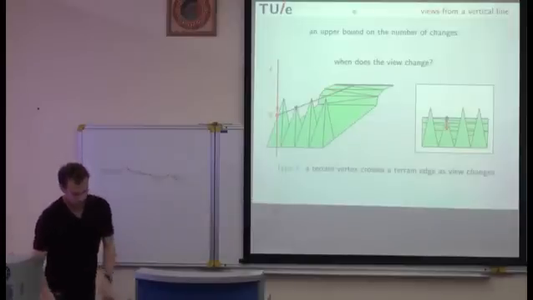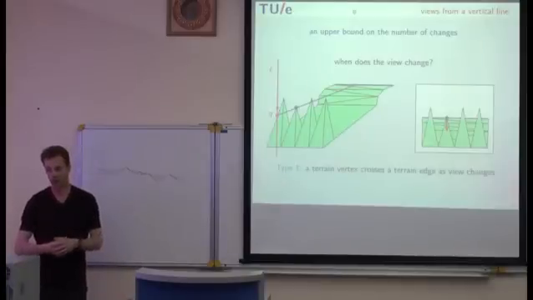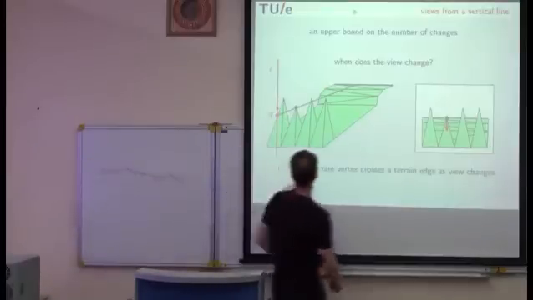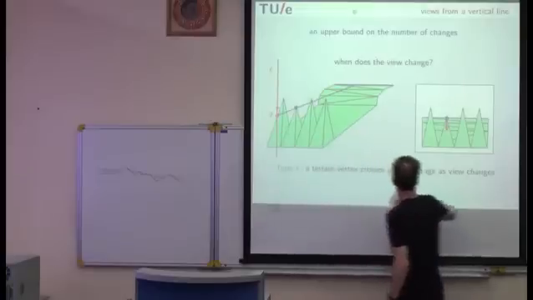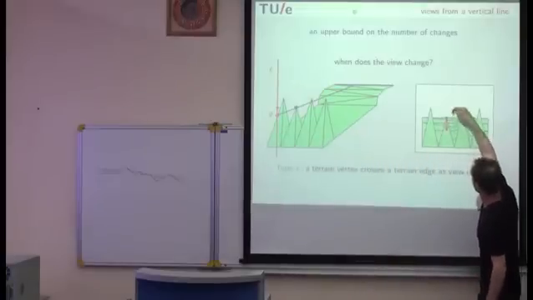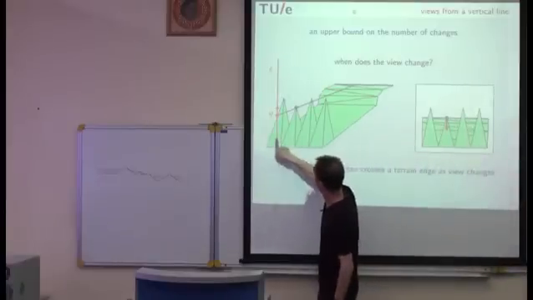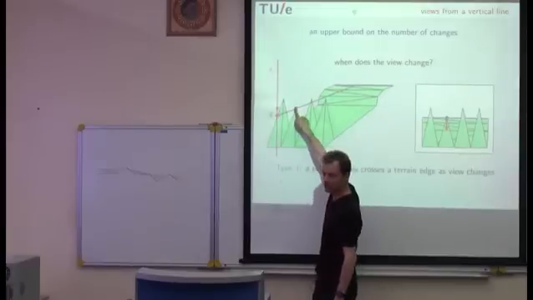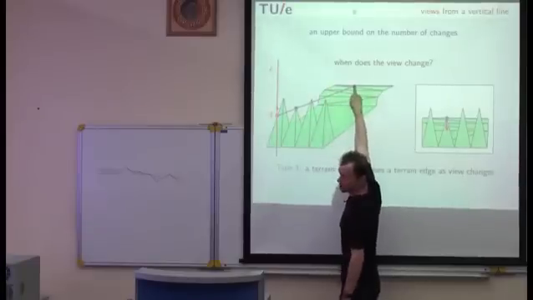Okay, so to prove this, let's see, when does the view change? Okay, so one thing is what you see here. When my point Q goes up, then at some point here this peak goes below this edge. Okay, when does that happen? Well, exactly when the ray from Q through this vertex, if I continue, it hits an edge.